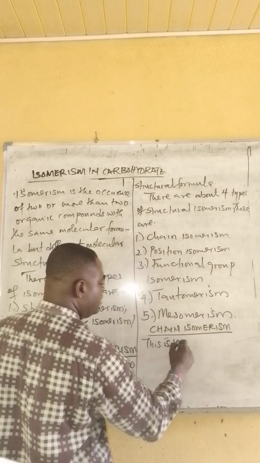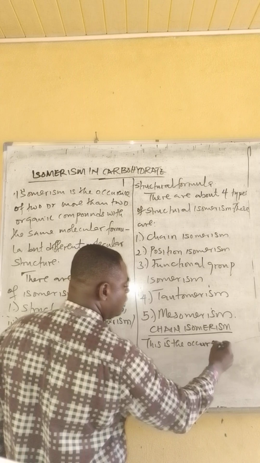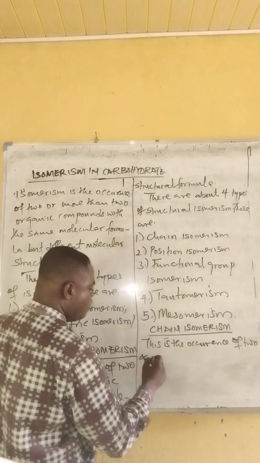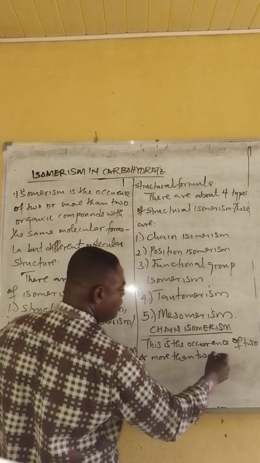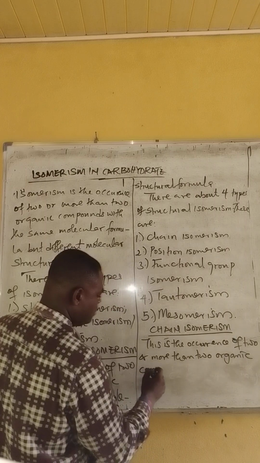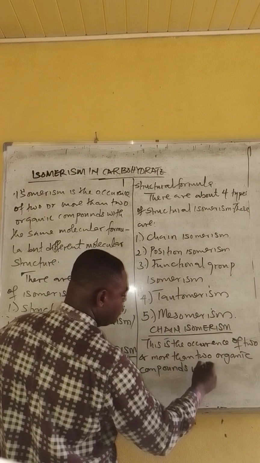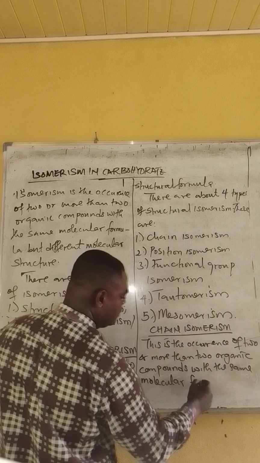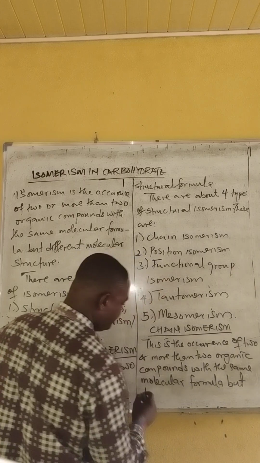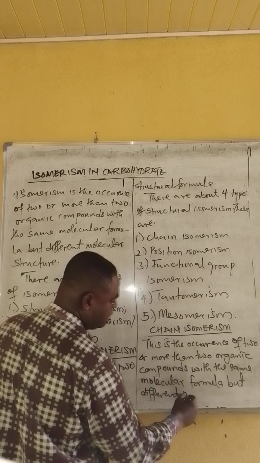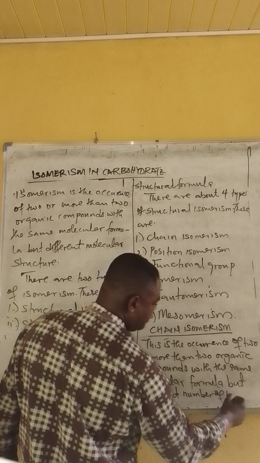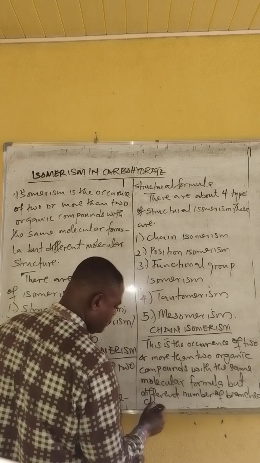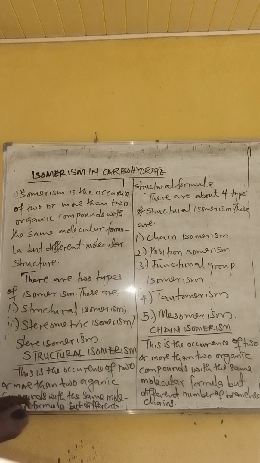Now, this is the occurrence of two or more than two organic compounds with the same molecular formula but different numbers of side branch chains.